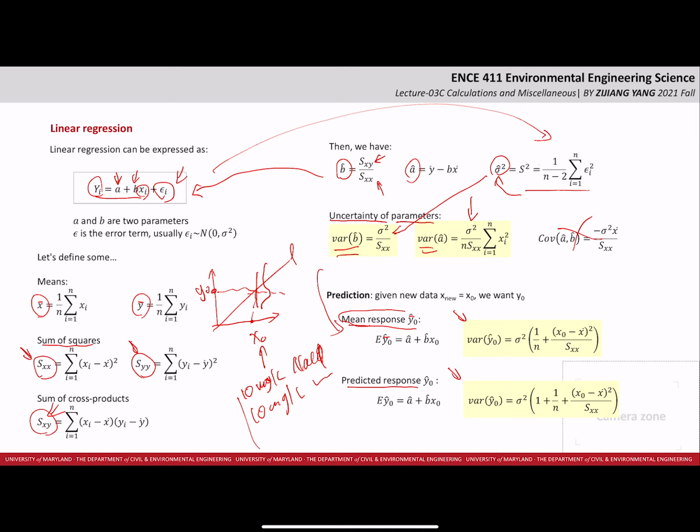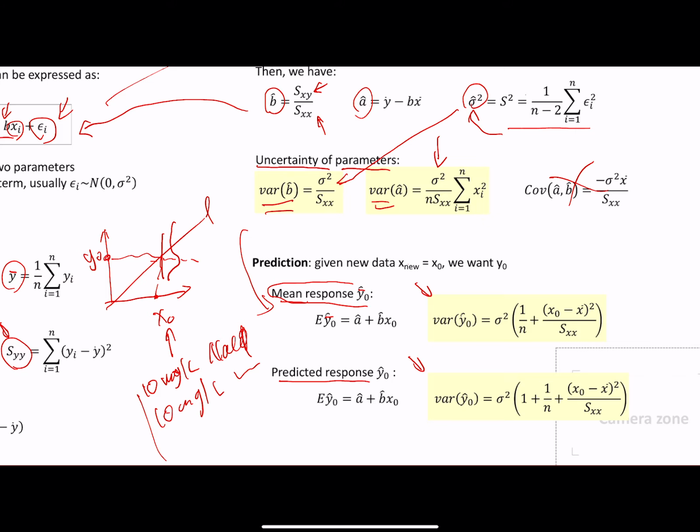And we can see that this one is greater than this one, because the difference is we have a 1 here. So it tells us that if we measure the sample many times, the uncertainty can be decreased. But in practice, we usually only have one sample, so we are more concerned about this one.